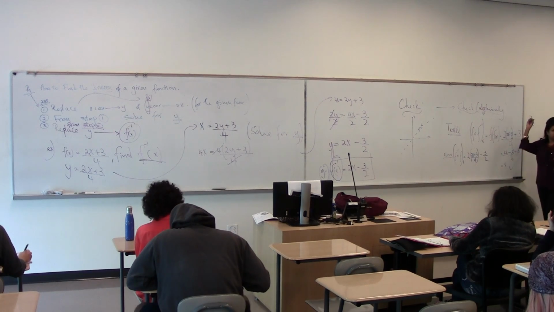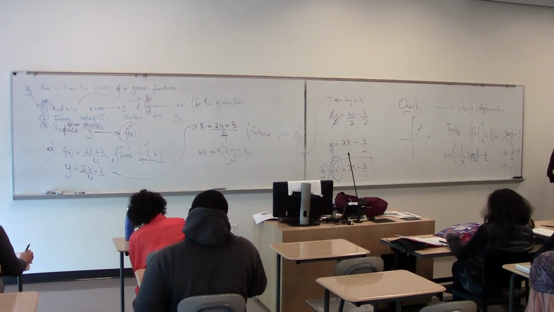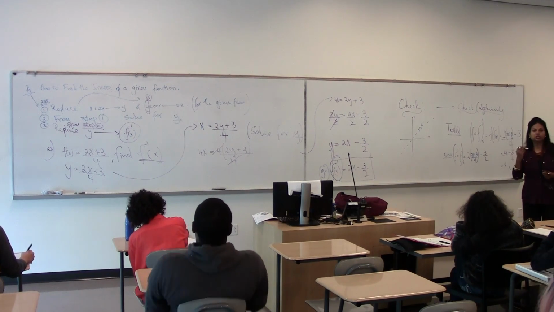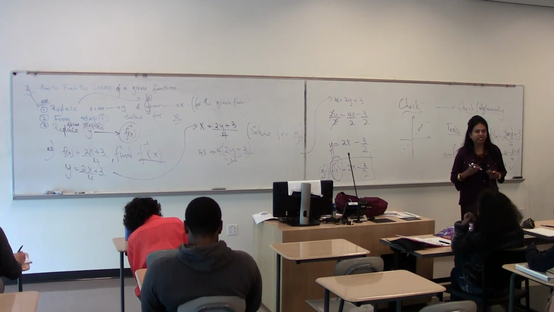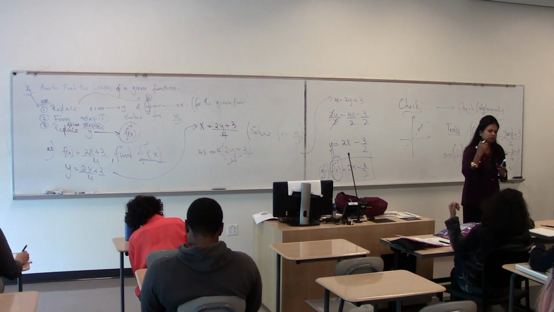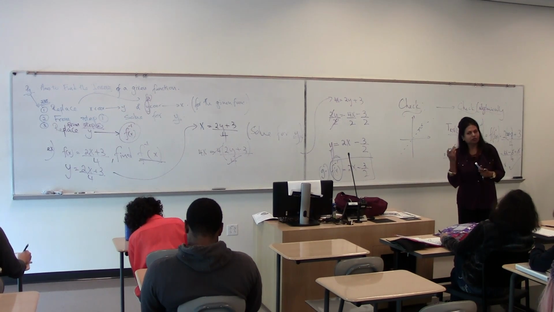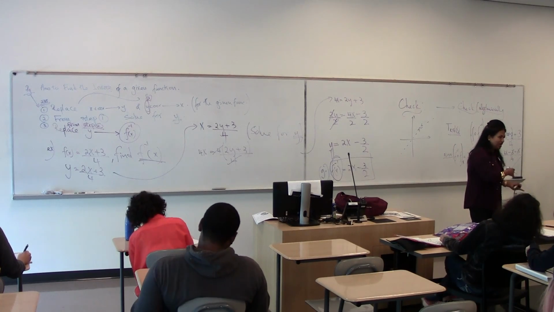See, if you use a different color, when you look at your notes, you know what you did. If you don't use a different color, sometimes when you go back and look at your notes, you might not see exactly what you did. These are new stuff, so it's natural that you forget. The minute you leave this class, you might forget.